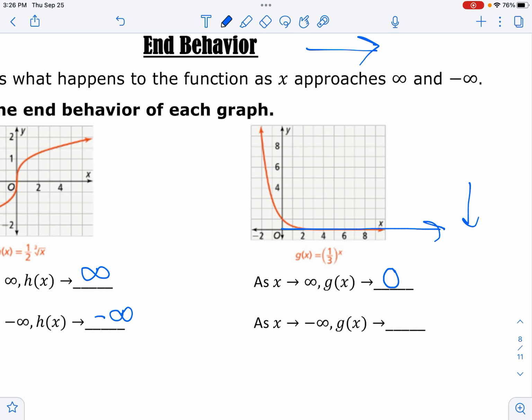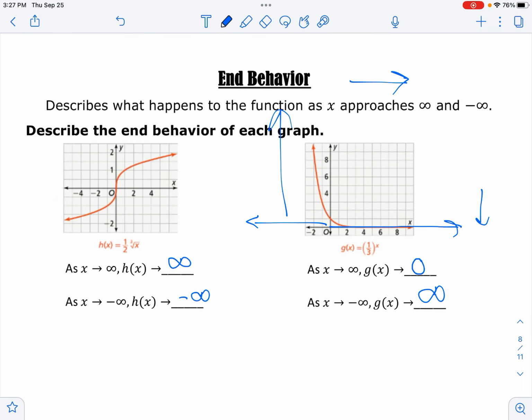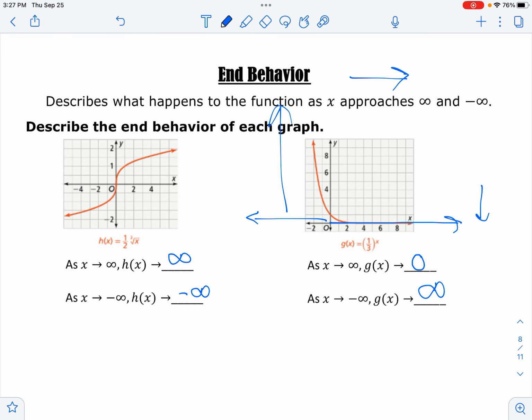So g of x is approaching zero, but never reaching it. As we go this way, as x approaches negative infinity, g of x is going way up. It's approaching positive infinity. This is called end behavior.